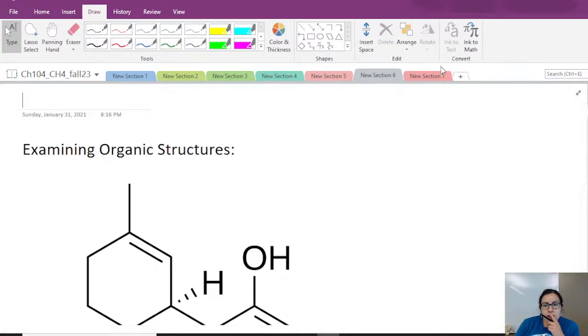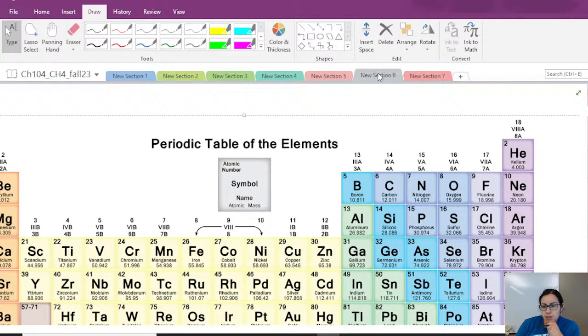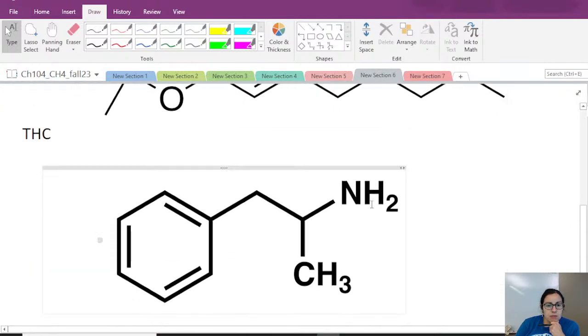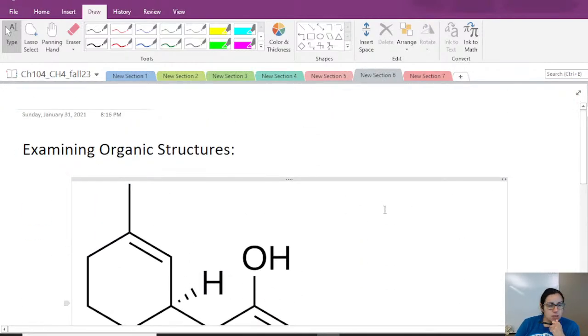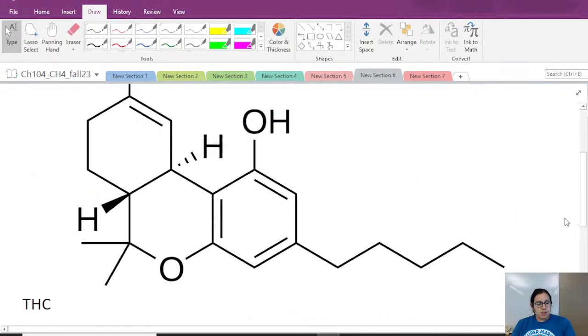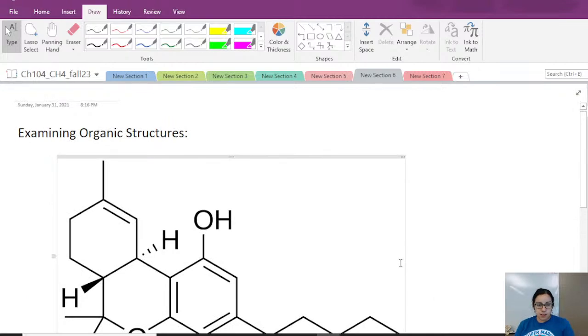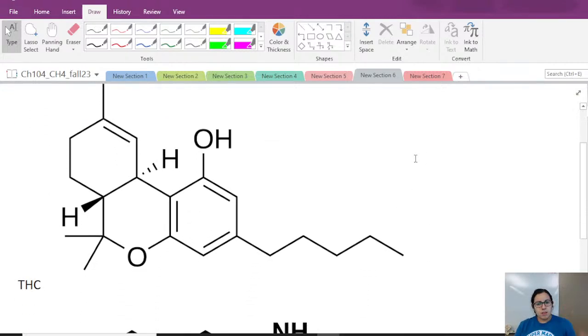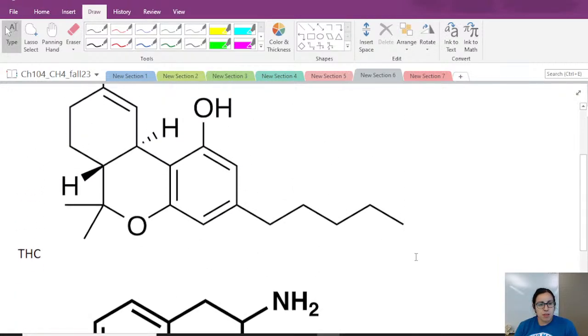Okay, we're running out of time. Let's try to look at what else I want to hit. Let's see. Now I don't remember why I had this in here. So I think I stuck this in there previously just so we could practice writing formulas.